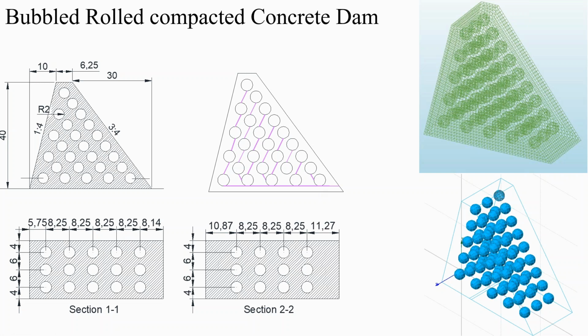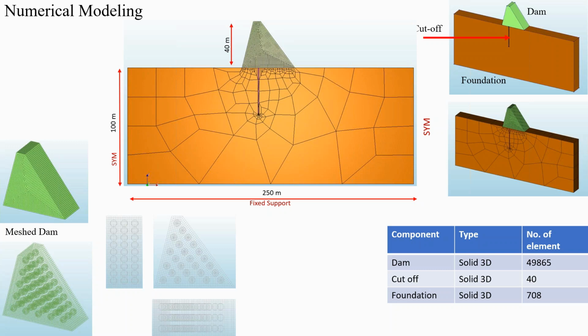Then we used the Diana finite element analysis software for the numerical modeling, and here is the numerical modeling description. In the numerical modeling, 2 dams were modeled with the same material and boundary conditions. The model was 40 meters in height and the foundation depth was 100 meters, greater than double the height of the dam, for ensuring the dissipation of stress within the foundation.